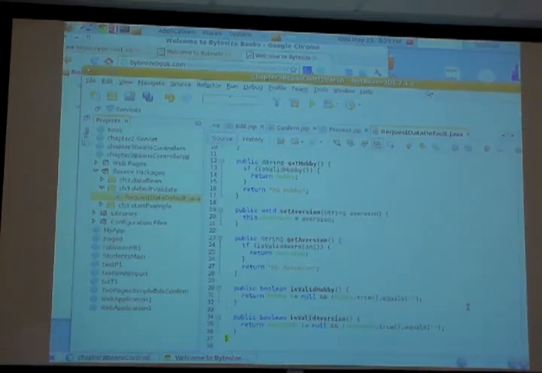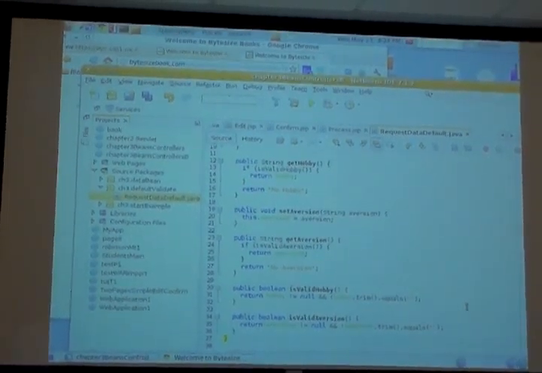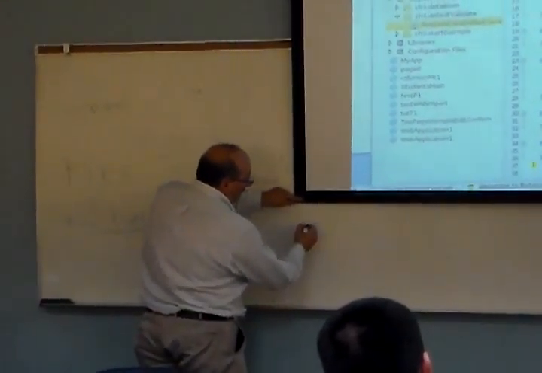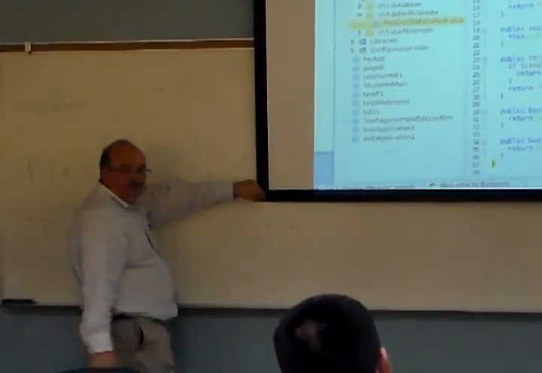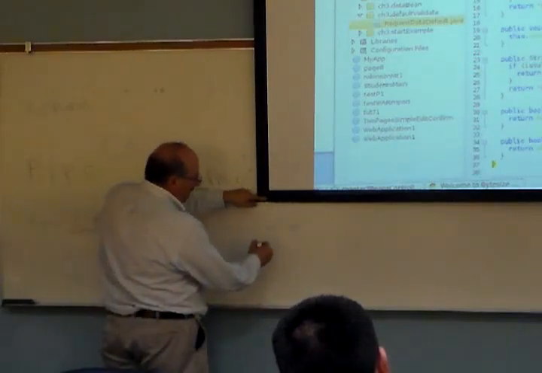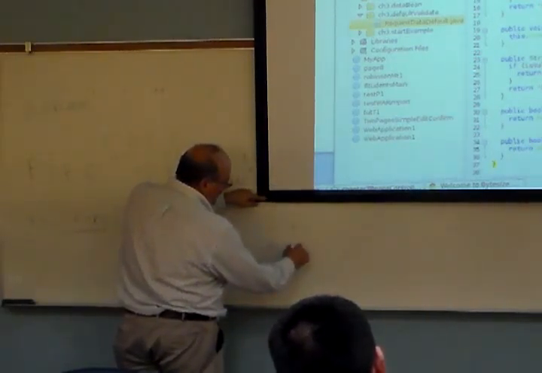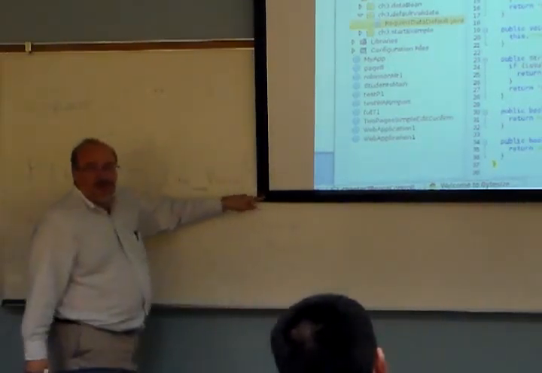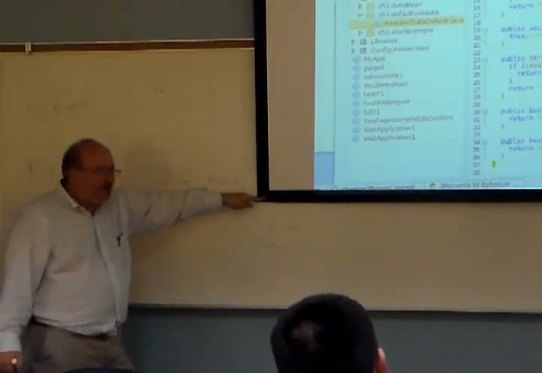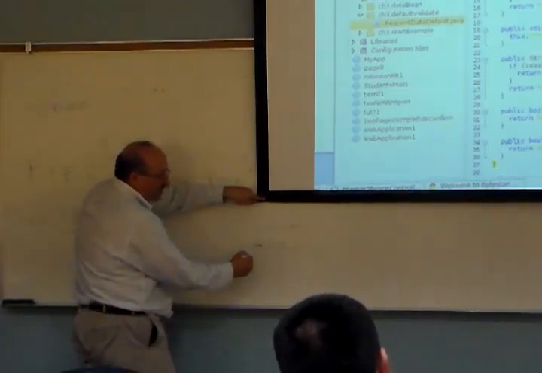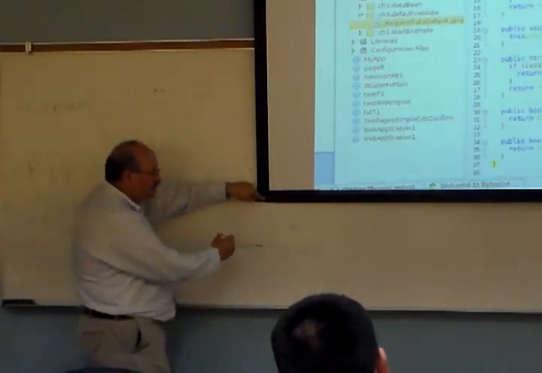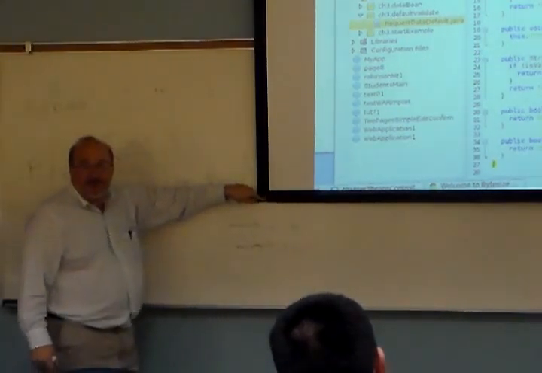What's the equals? Equals is one of the problems that Java has, just in case you don't remember. There's the equals operator, which is the equivalency, right? And then there's the method called equals. According to the Java book, this one is to be used with the strings, and this one is to be used with numeric data.